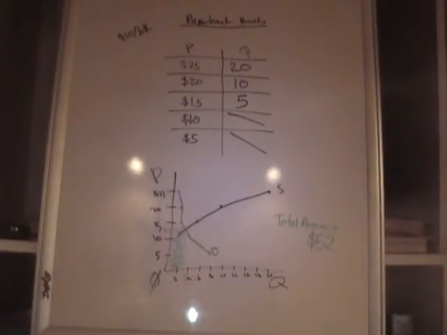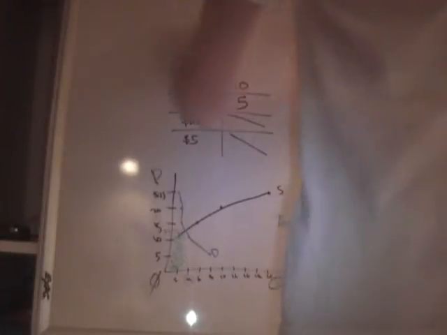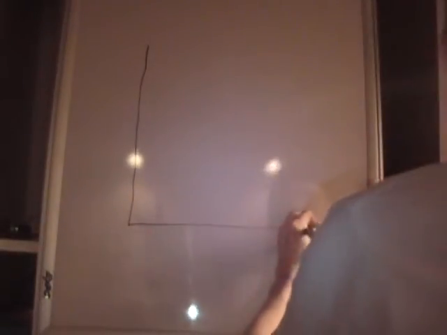Alright, now let's erase this and look at one more thing before I give you your assignment. What happens when the supply and demand curves shift? I'm going to draw a big graph here to show everything that's going to happen.